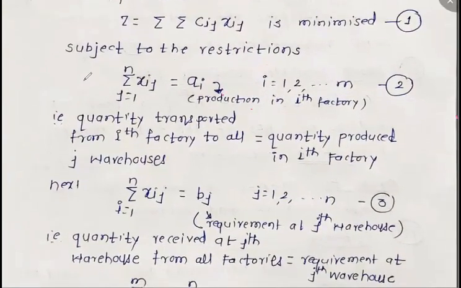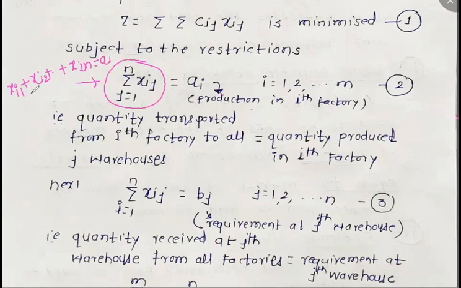So what is the first restriction? Summation Xij, j equal to 1 to n, that is, put j equal to 1, we get Xi1, put j equal to 2, we get Xi2, and so on. Put j equal to n, so we get Xin equal to ai.